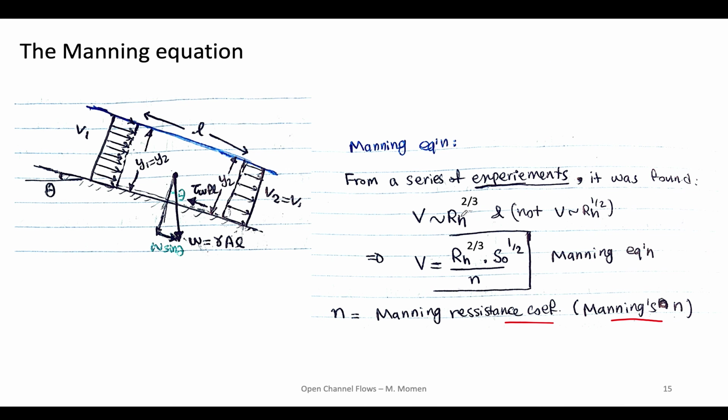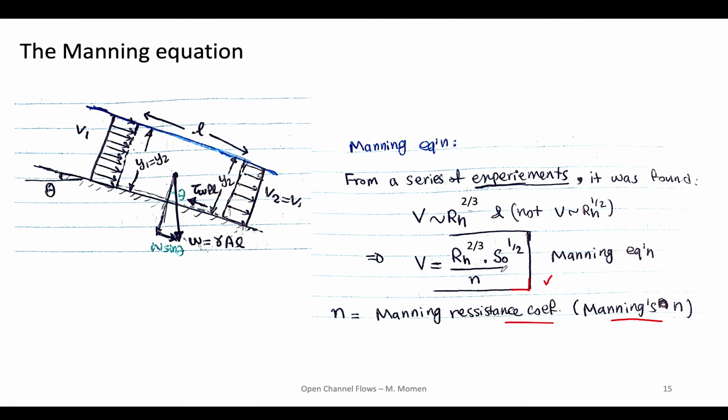Based on a series of experiments, we found that V is actually a function of R_H to the power 2/3 and not 1/2. So this is the main equation we typically use in open channel flow systems. It's very important and famous.